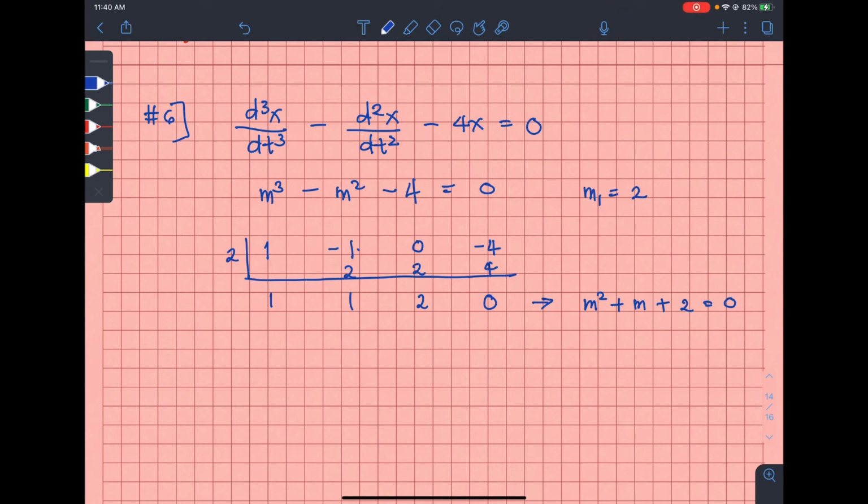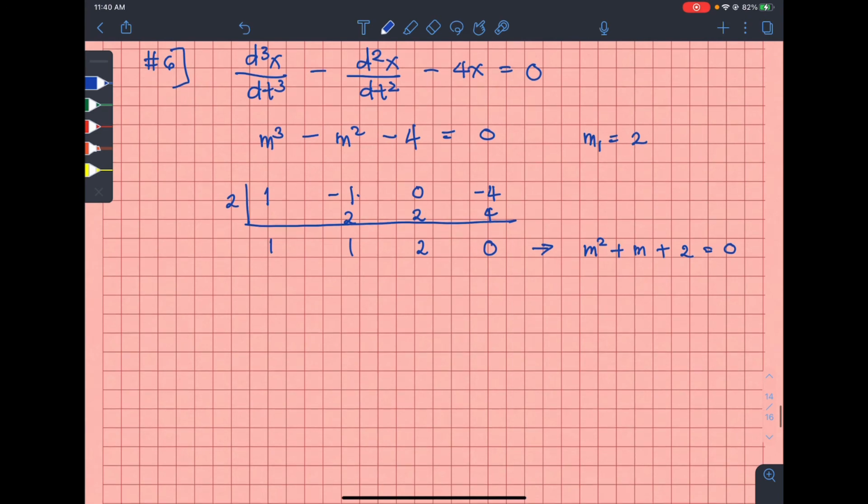My calculator, the answer would be negative 1/2, positive negative square root of 7 over 2i. So kaya ang alpha natin dito, it's negative 1/2.